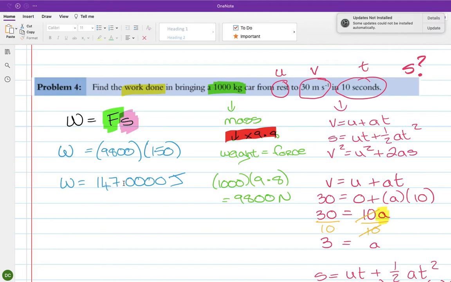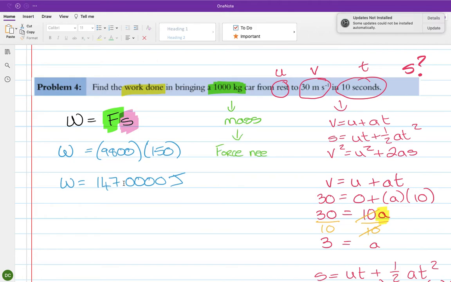So what we're trying to figure out is we've been given the mass and we're trying to figure out the force needed to bring the car from rest to 30 in 10 seconds.